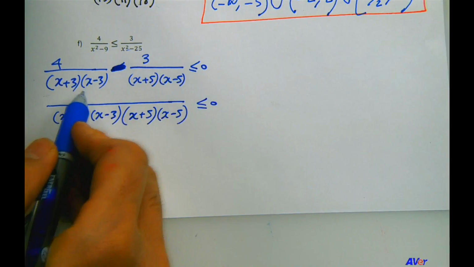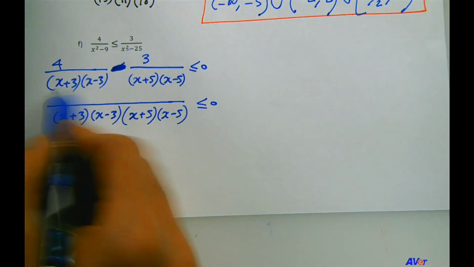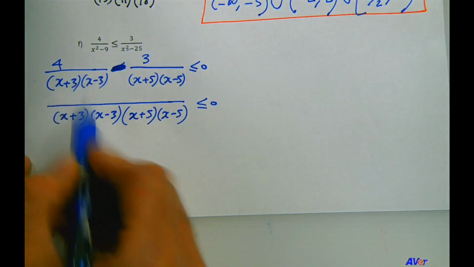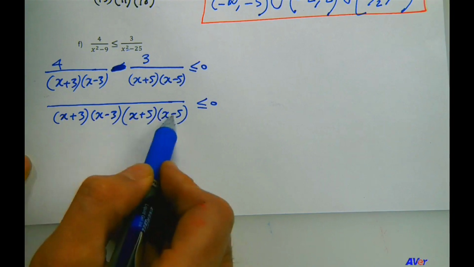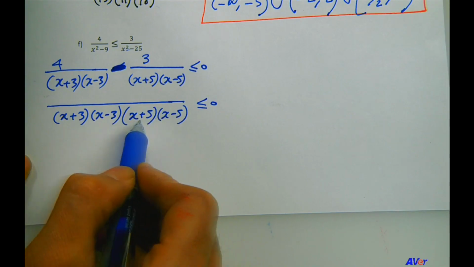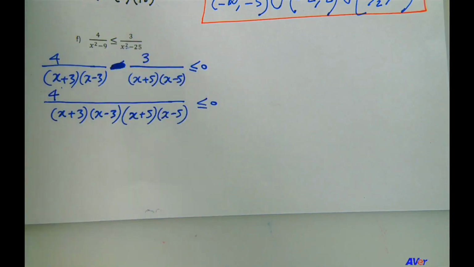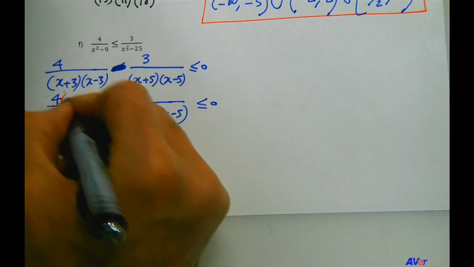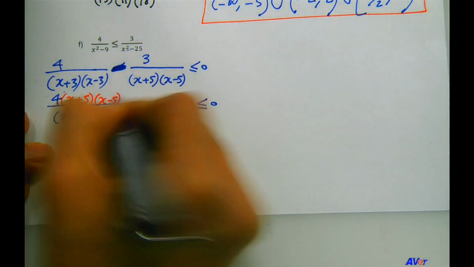But now each numerator gets multiplied by what's missing from its denominator when you compare it with the common denominator. So 4 multiplied by these two. So x plus 5 times x minus 5.